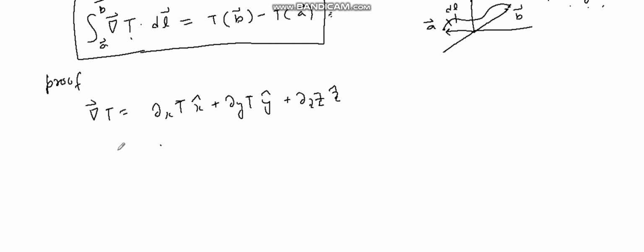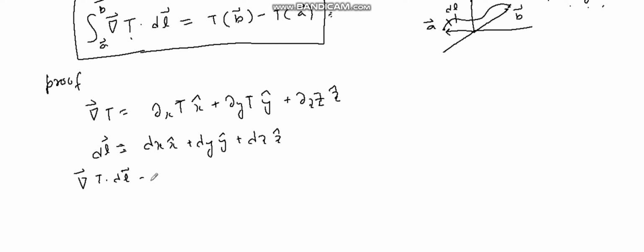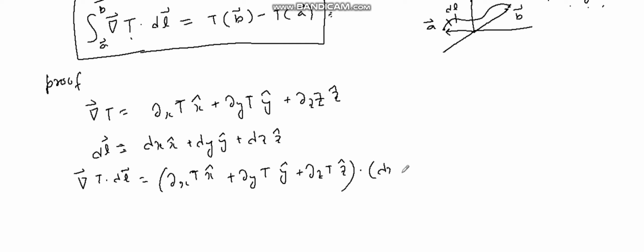And dl is the infinitesimal displacement vector, which is dx x cap plus dy y cap plus dz z cap, right? Taking the dot product of all of them, we have del x t x cap plus del y t y cap plus del z t z cap, dot product with dx x cap plus dy y cap plus dz z cap.